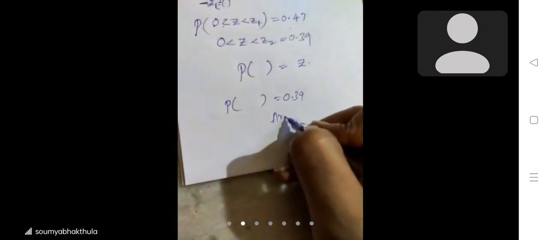So here the question is the probability equals 0.39, not the z value. Here remember the probability equals 0.39, which means the area is 0.39, not the z value. You don't know what is z2.